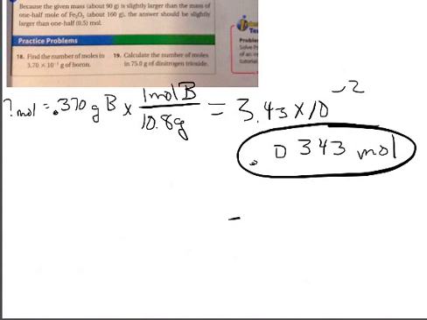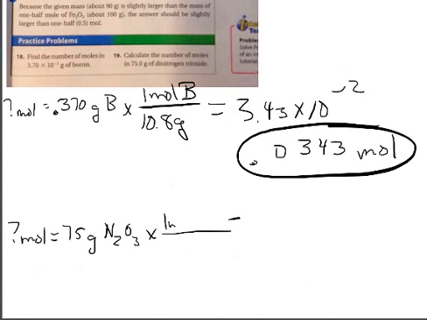Okay. 19. How many moles are in 75 grams of dinitrogen trioxide? So, how many moles equals 75 grams of N2O3, and just convert.